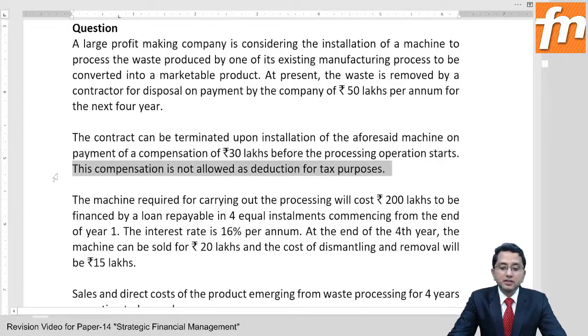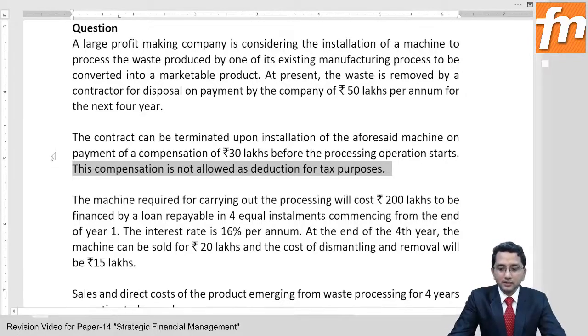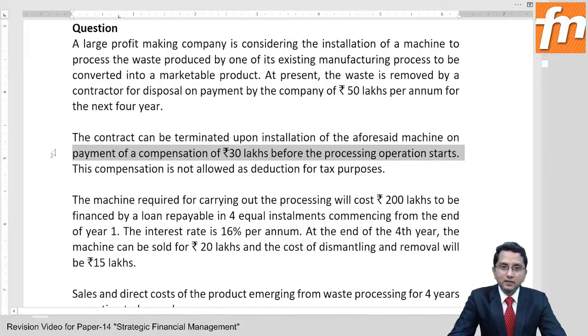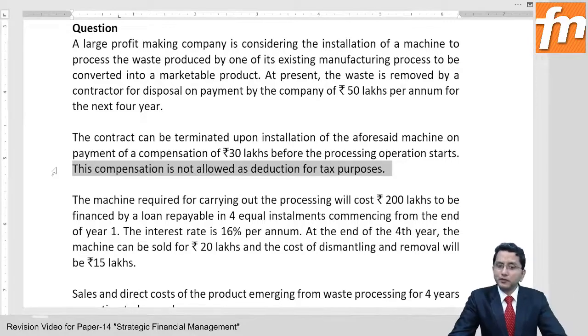This compensation is not allowed as deduction for tax purposes. See, my rule was if you consider the item, consider the tax. If you ignore the item, ignore the tax. Here you are considering this cash flow, so its tax should also be considered. But the question denied that on this item, tax benefit is not available. Okay, so we will take 0 tax benefit.